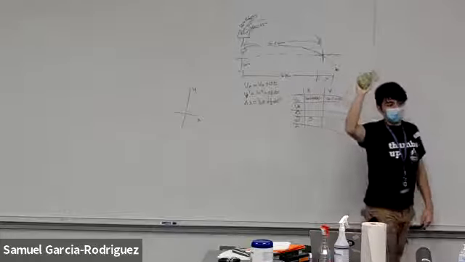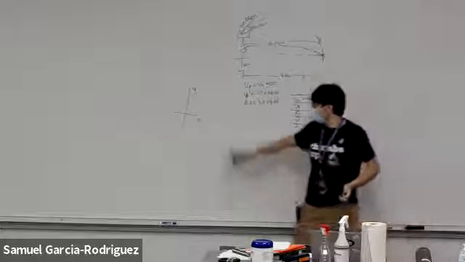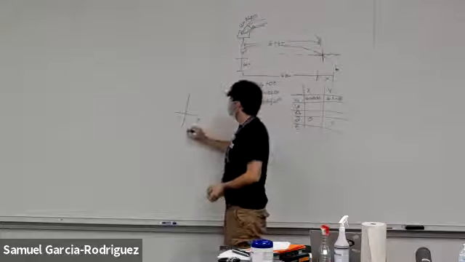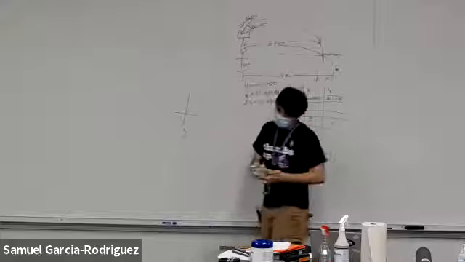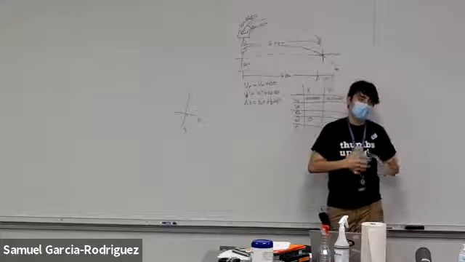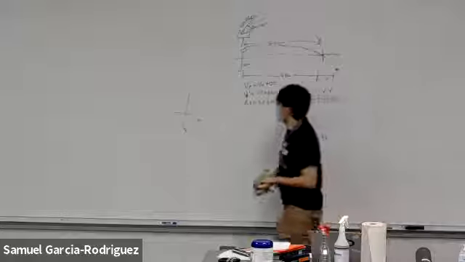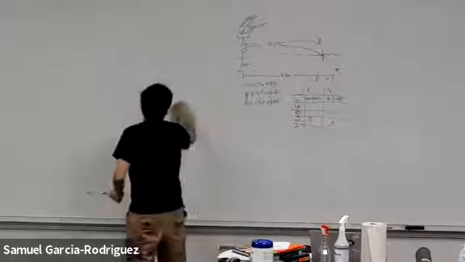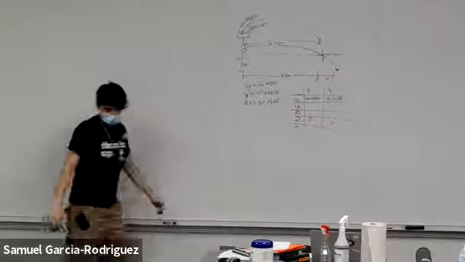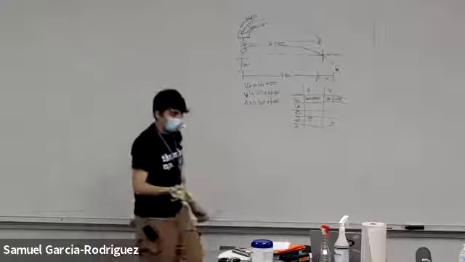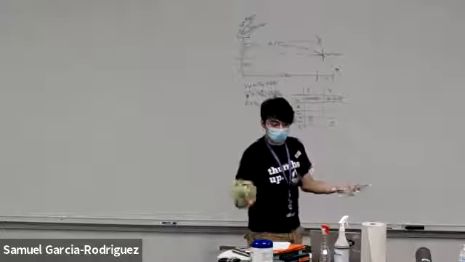But once it reaches this peak, I like to think of its y flipping from up being positive to down being positive. So from the peak on, y is positive. You don't have to think of it like that. That's just how I like to think of it because it helps with my negative signs.